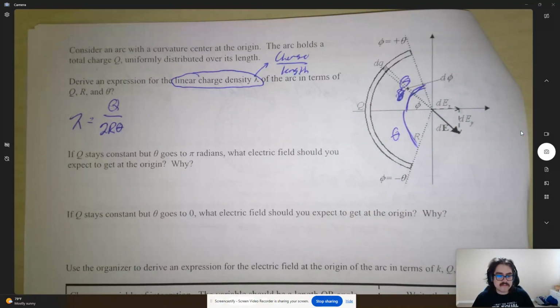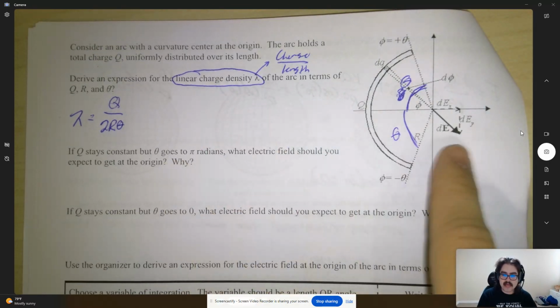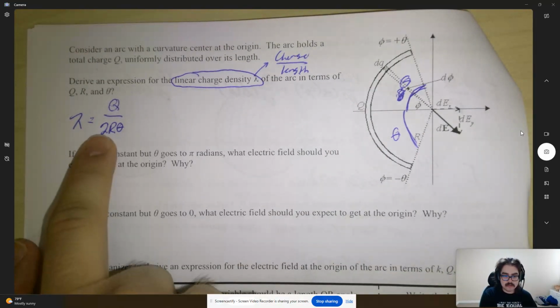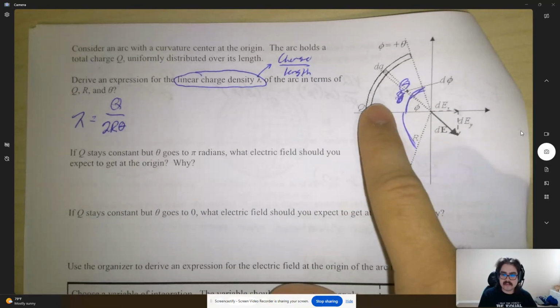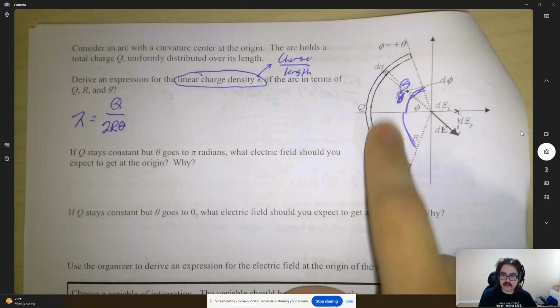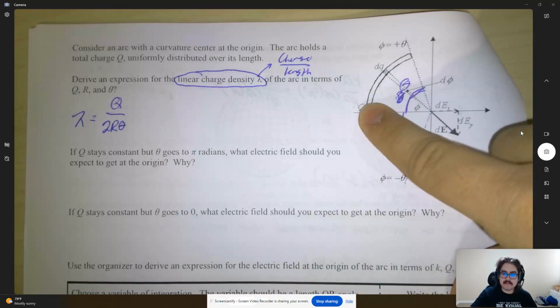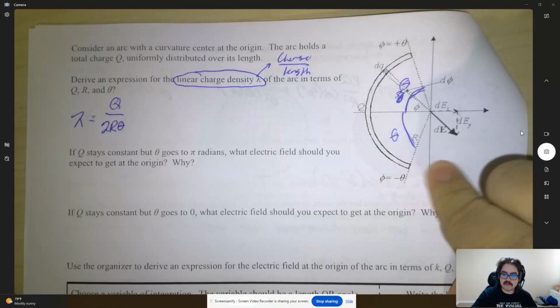If Q stays constant but theta goes to pi radians, what electric field should you expect to get at the origin? Well, if theta is pi radians, that's half of the unit circle. Understand that it has to be 2 times theta, so that's only half of the arc. If this went up to pi radians all the way around, then the other side would also have to go all the way to pi radians.